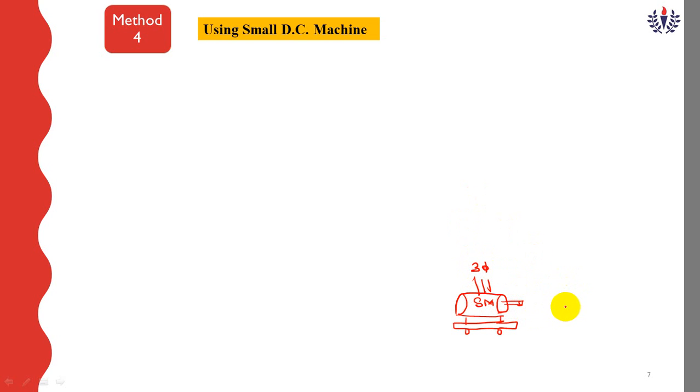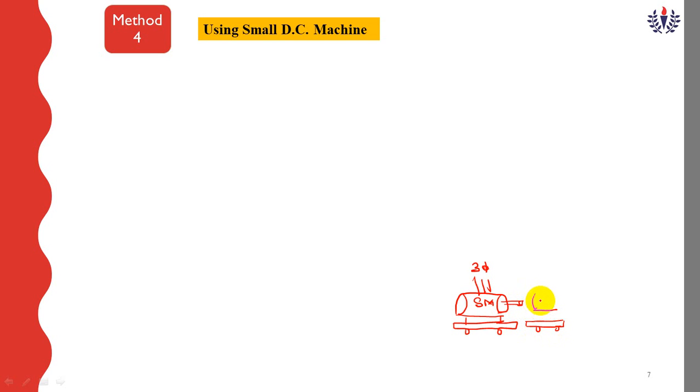Now for the DC machine, I have to take another motor, that is a DC generator. DC machine means we are taking a DC generator, or an alternator.